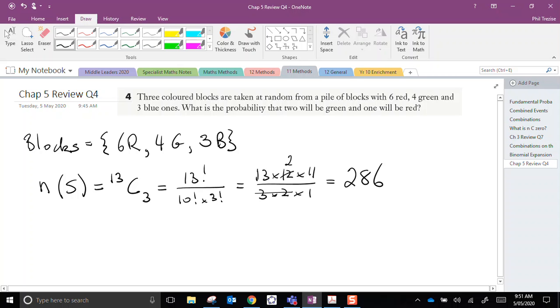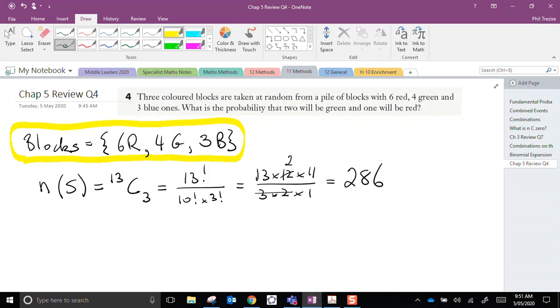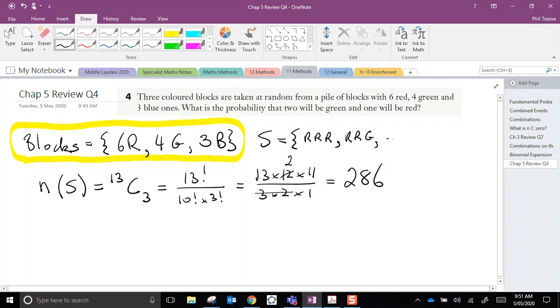It was a mistake of me to say that this was the sample space at the beginning. This is not the sample space. This is just the objects that we are dealing with. The sample space, which I'm not going to write out completely, now that I think more carefully about it, would be groups of 3 blocks. Maybe I would get 3 red blocks when I grabbed 3 at random. Maybe I would get 2 red blocks followed by a green block, and so on and so on.